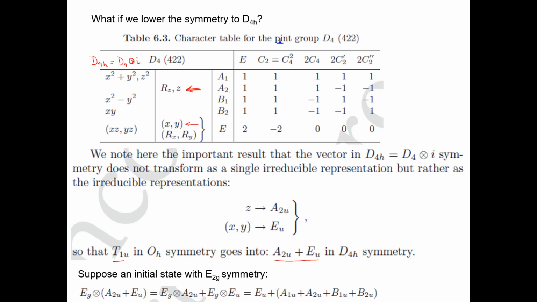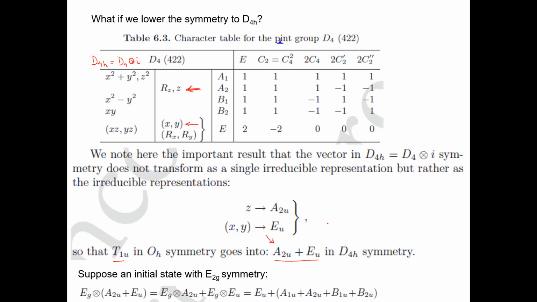So now our Hamiltonian will not transform like the sum of Eu and A2u, but just like the A2u representation. This is the symmetry of the Hamiltonian H prime.